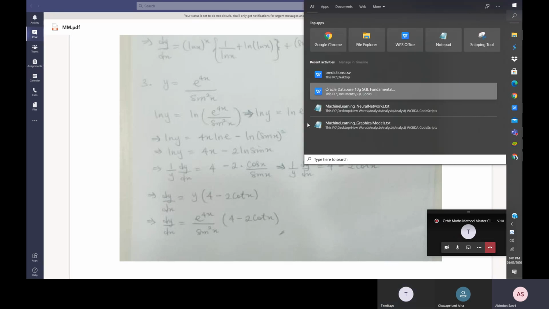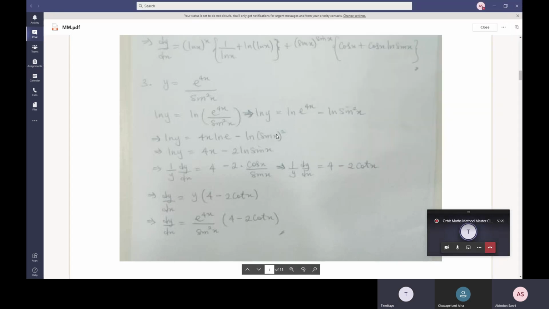Ability. Yeah? Yep. I'm lost somewhere. Okay. Where are you lost? You said this ln is that we should take the ln of both sides, right? Okay, yes. So if we take ln of both sides, we are going to have ln y equals ln open bracket exponential 4x all over sine squared x close bracket, isn't it?